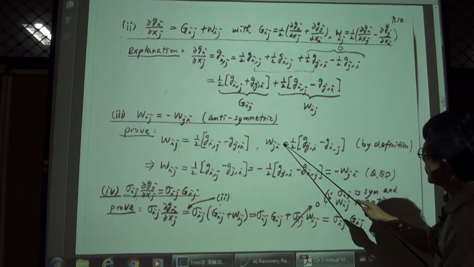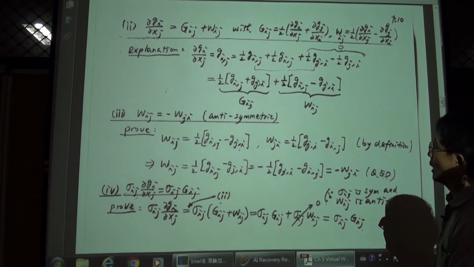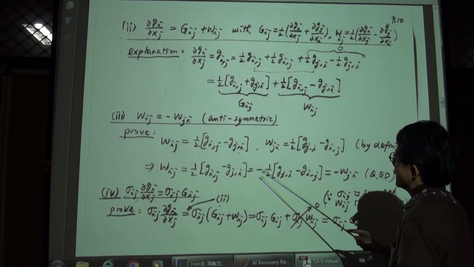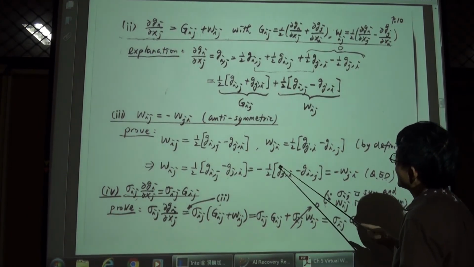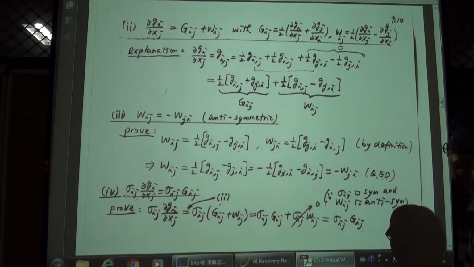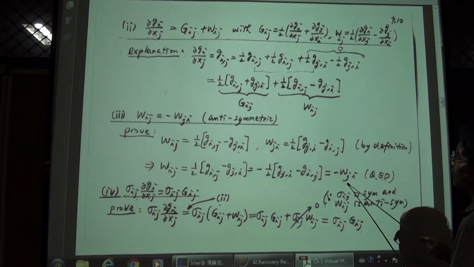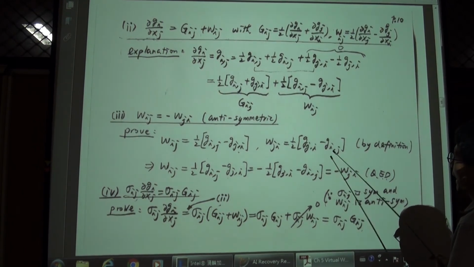Okay, so Wji is this, by definition. So this one is just minus this one, because we just put a minus sign here, and so this one is this one, so this is anti-symmetric.